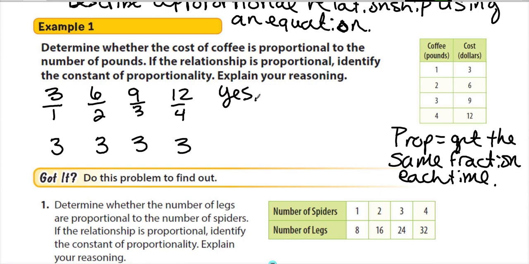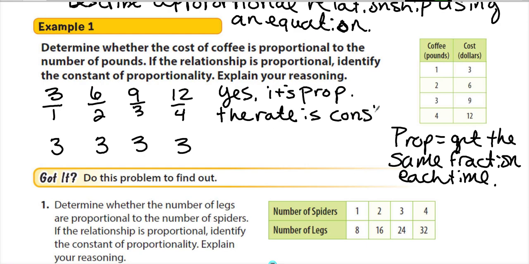So yes, it's proportional, and I'm going to abbreviate here. Let's see, what else are we supposed to say? The rate is constant. And then we're supposed to explain what that is.